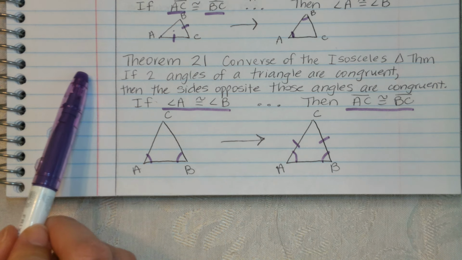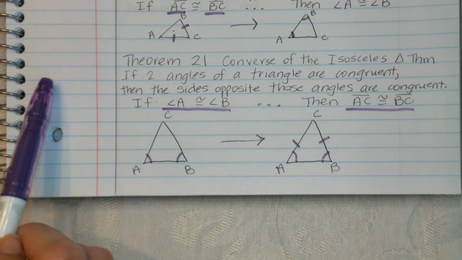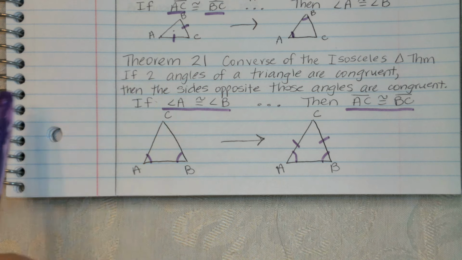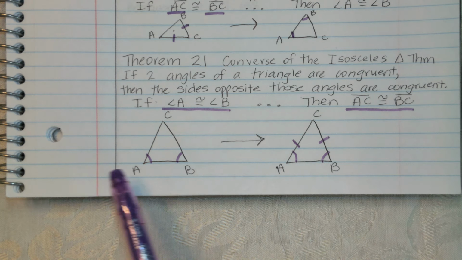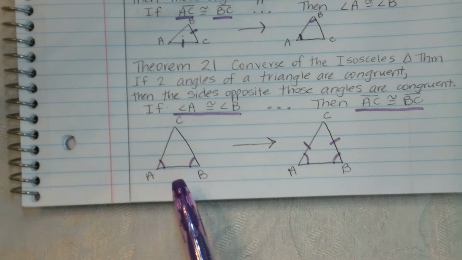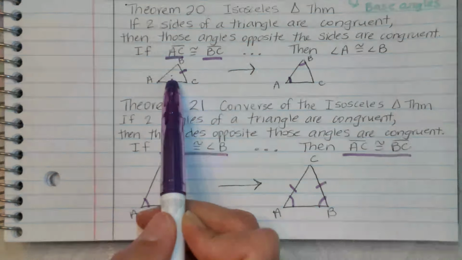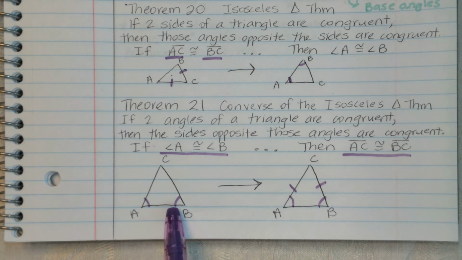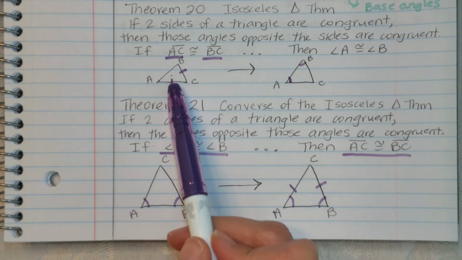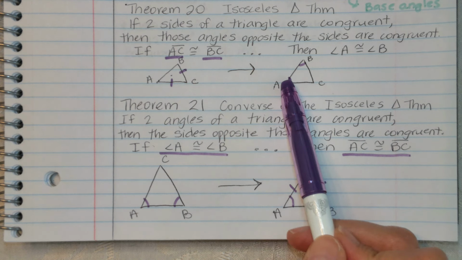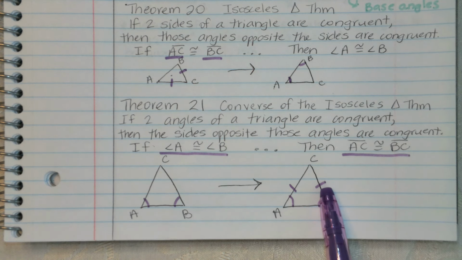So you could have a question like compare and contrast, or what's the difference between theorem 20 and 21? Because it's good to make you think like, okay, so what is the difference? And again, the difference is what are you starting with on the triangle that you're given? Do they have sides that are congruent, or do they have angles that are congruent? And either way, you're coming to the same conclusion that it has opposite angles that are congruent or opposite sides that are congruent.